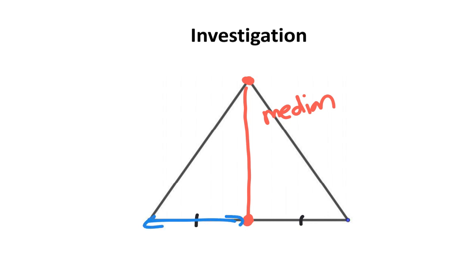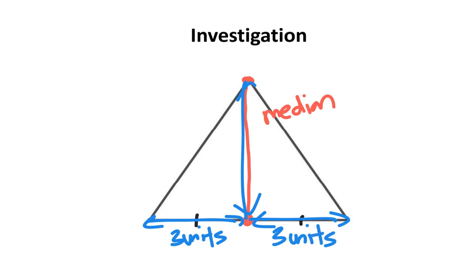I'm going to measure this side, and the median I just constructed. This happens to be 3 units. This is also 3 units. And this would be 4 units. Could there be a relationship between this triangle as well as this triangle?